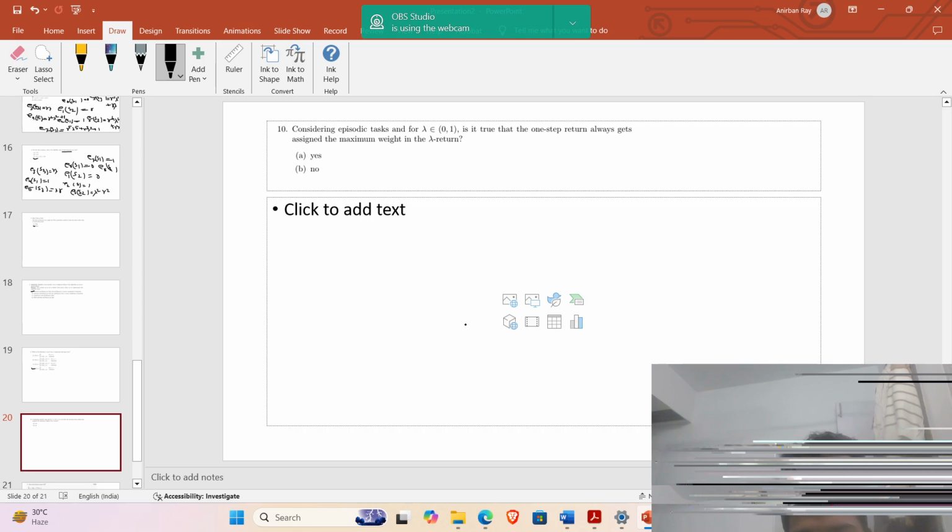Most probably not, because it's not known actually, since you're summing over lambda here, so which one gets the maximum is not known. The answer is no.